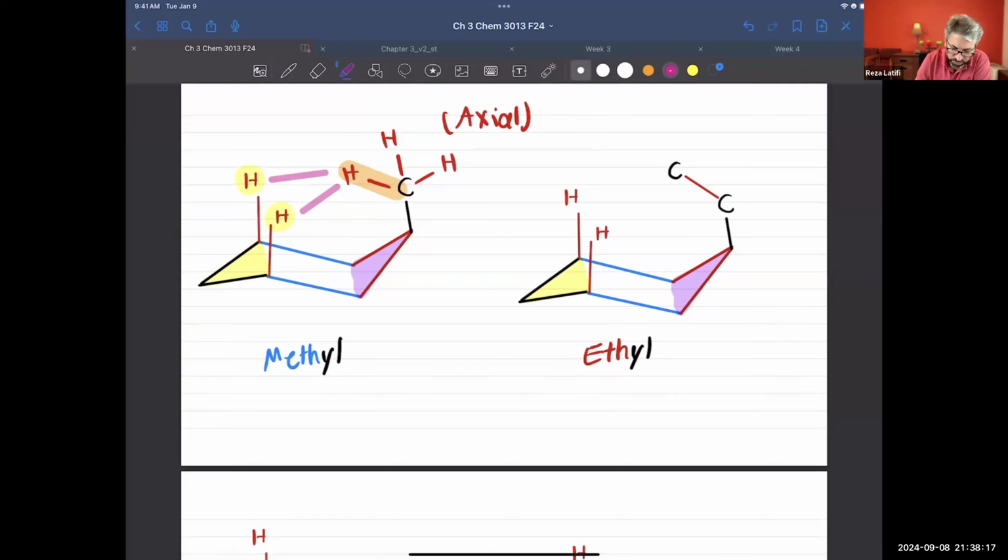Now what will happen if I extend this bond? That means we're going to make this hydrogen closer to those. How do we do it? Instead of putting a hydrogen atom here, I'm going to replace one of the hydrogen atoms by carbon. Now I have a carbon here, and that carbon is not satisfied. So what do we need to do? We need to add 3 hydrogen atoms to it.